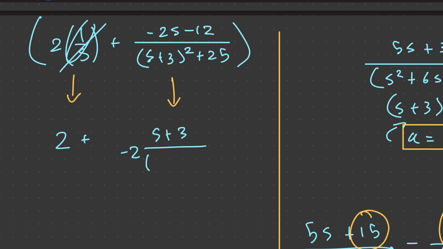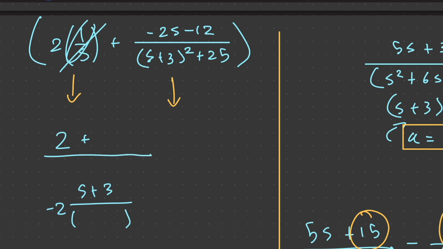And then that would be the denominator. And then that would cause a negative 6. So we need another negative 6 or positive 6 to cancel that out. So it would be a positive 2, 3 over that.